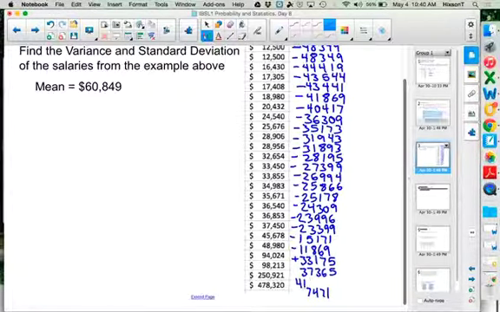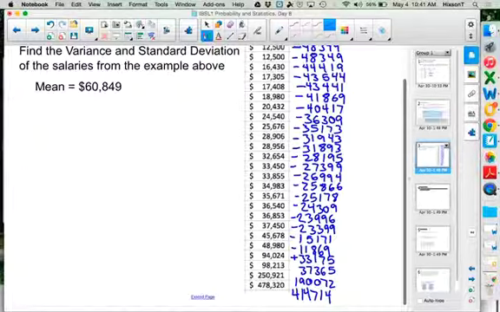Hang on. We missed the next to the last one here. 250,921. What's that one? Should be 190,072. Okay. All right. The last one was 417,471.